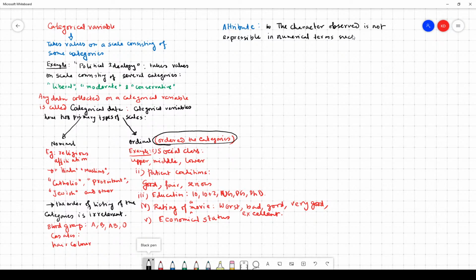Such a character is called a qualitative character or an attribute.